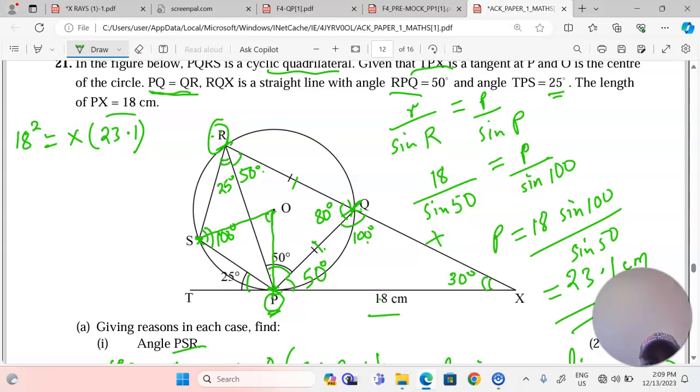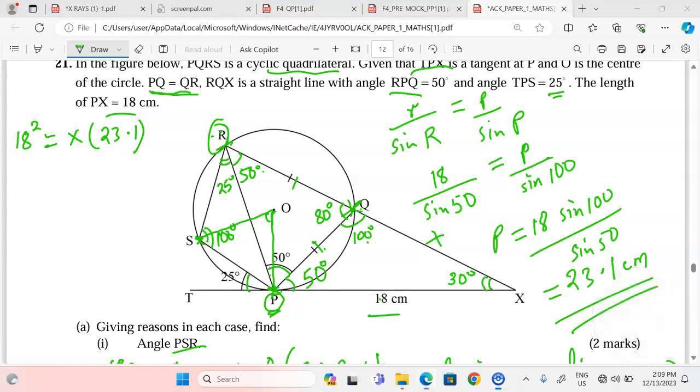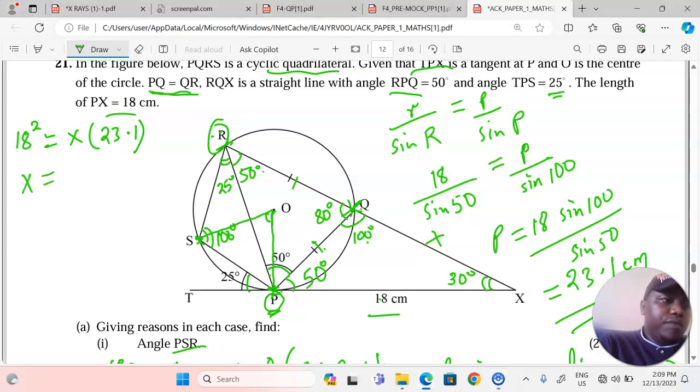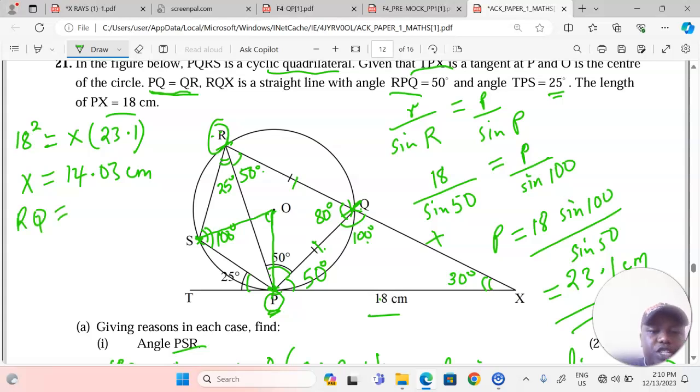Therefore, we can get x. Using my calculator, 18 squared divided by 23.1, I get x as 14.03 centimeters.